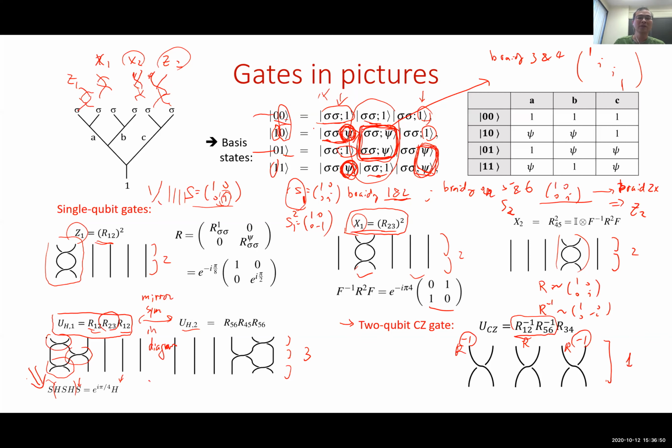Okay, but the key point is you need to make sure that you are working in the correct basis. Then the Hadamard 2 would be just the mirror of this braiding diagram. Okay. And these are all the gates that Ising anyons can implement.